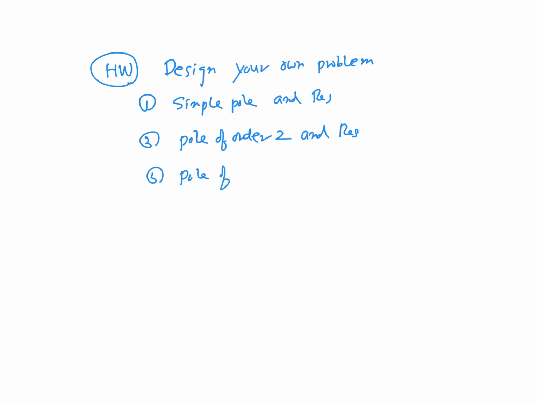Pole of order 3 and find the residue. You need to find and calculate five of each. So design your own f(z), whatever you like, that's okay, right? So maybe you can solve 15 of those problems. You can solve basically any problems.